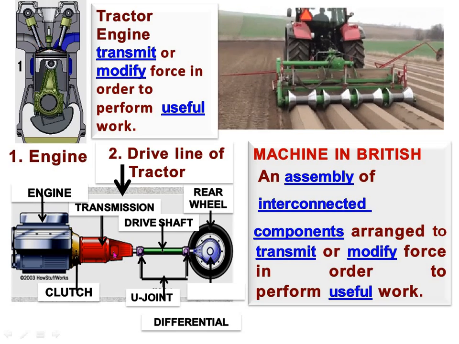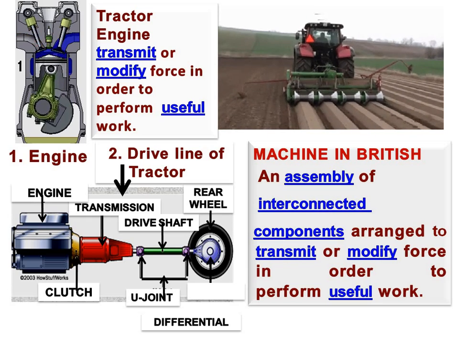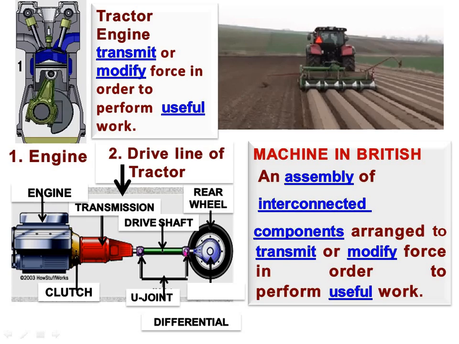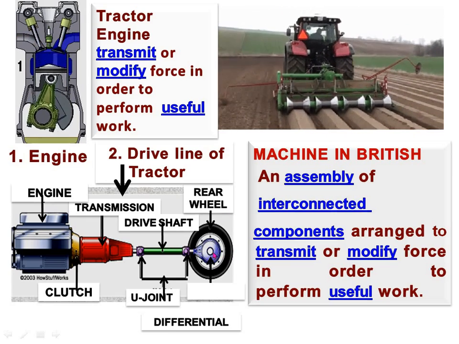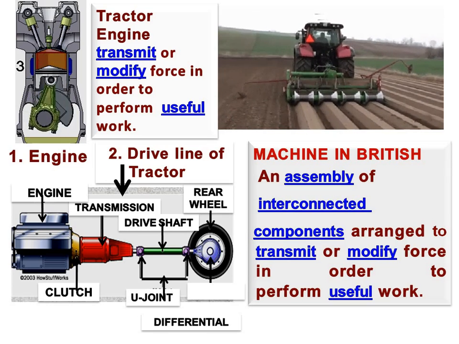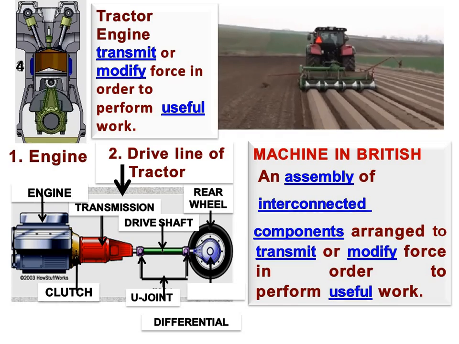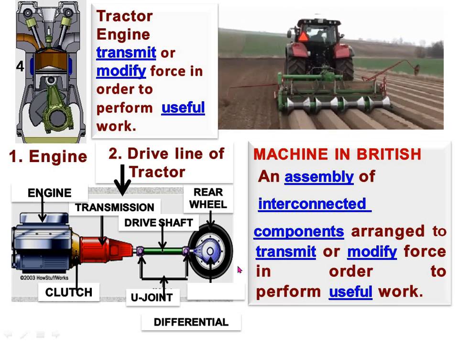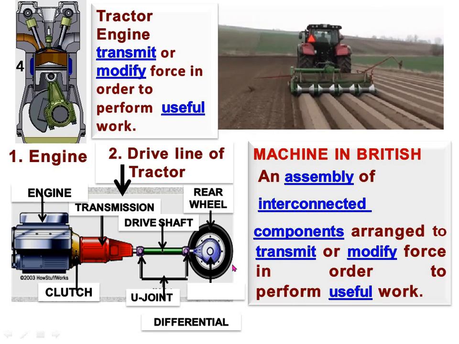Then this decreased or increased speed can be achieved to the drive shaft, and through that drive shaft it goes to the rear wheel. So if we want to run the tractor on the road or in the field, this may be done by this transmission system, and we can move further ahead.